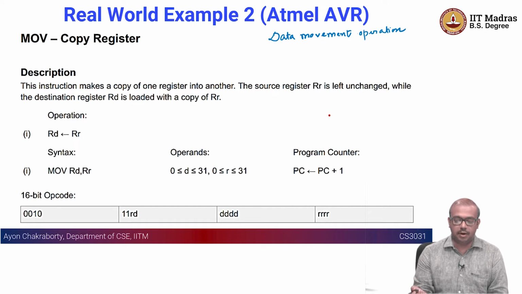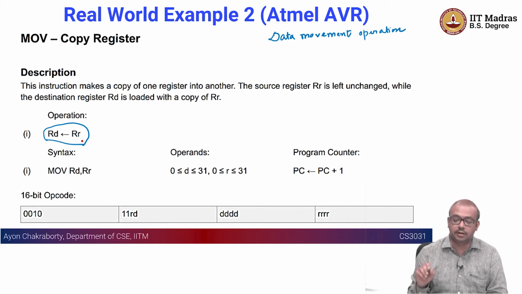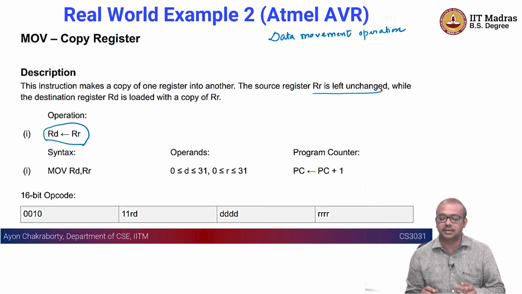See, once you are copying the content of RR into RD, the manual also says that RR is left unchanged. So you need to be very cautious about these operations and stating these things in the manual, right?